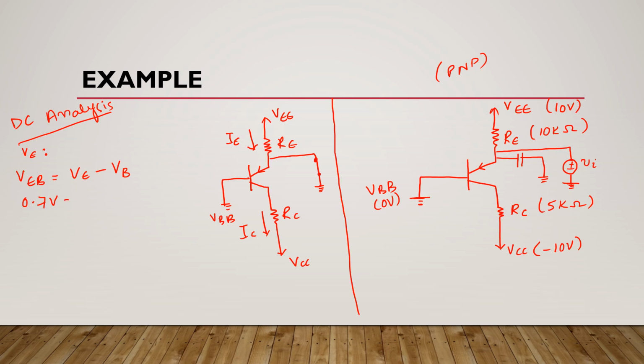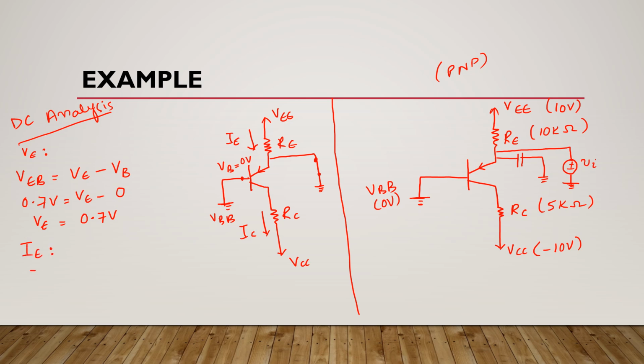Now here as you can see this base is grounded, it means here this nodal voltage of base is 0 volts. It means here we write 0 volts. Now it means this VE is 0.7 volts.